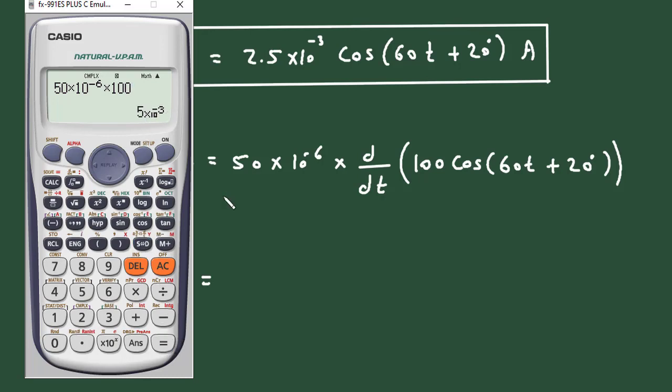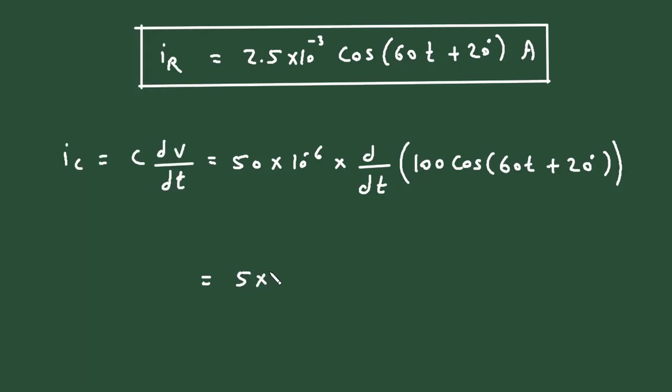So it is 5 × 10^-3. Then d/dt, the derivative of this cos will be minus sign, so minus sign, and this will be 60t + 20° times this 60.